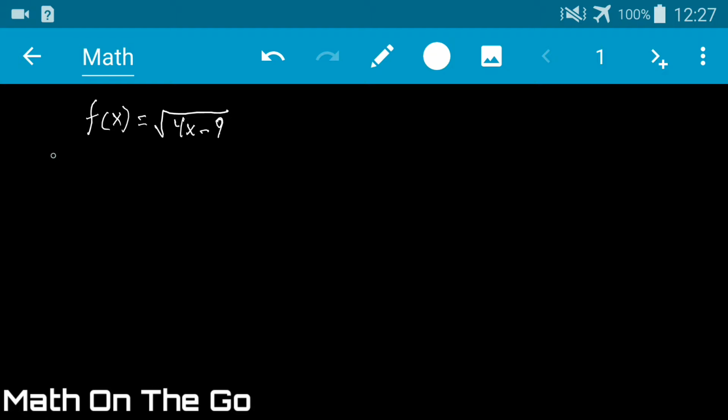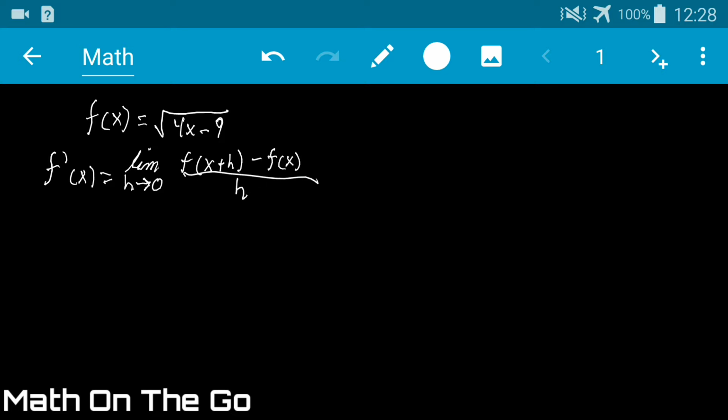And we're going to use the same definition, f prime of x equals the limit of h to 0 of f of x plus h minus f of x over h.